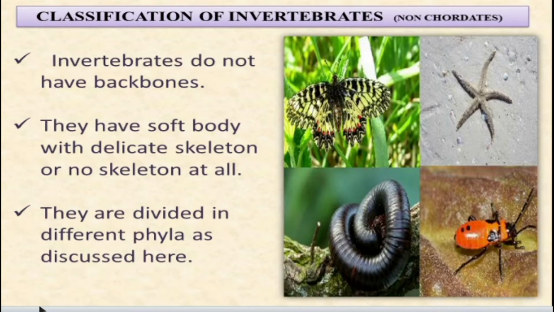They are divided into different phyla as discussed here. See this picture, each and every animal is heterotrophic, eukaryotic and multicellular, but different. What is different? They are without a backbone.